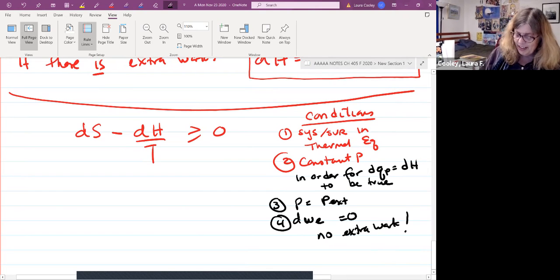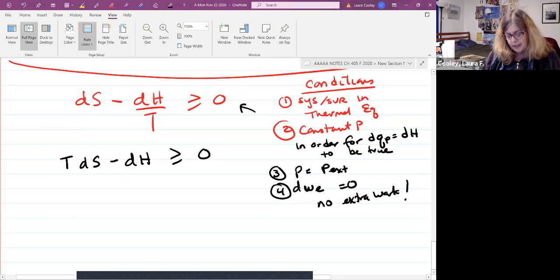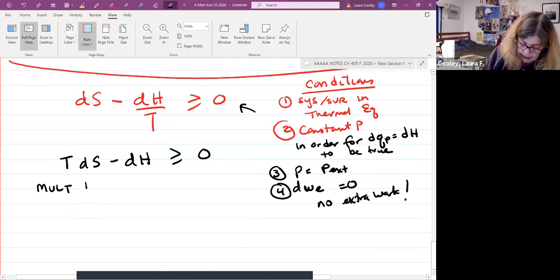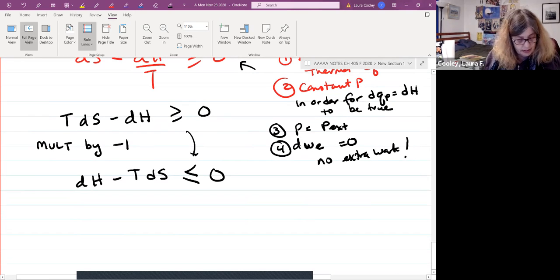And so we end up with this relationship, TDS minus DH is greater than or equal to 0. But what I'm going to do next is multiply by -1 to get DH minus TDS is less than or equal to 0, right? I have to change the sense of the inequality.